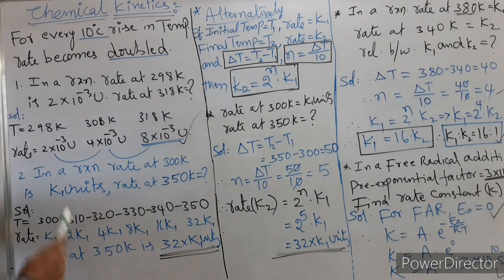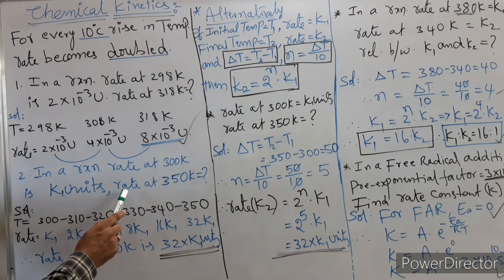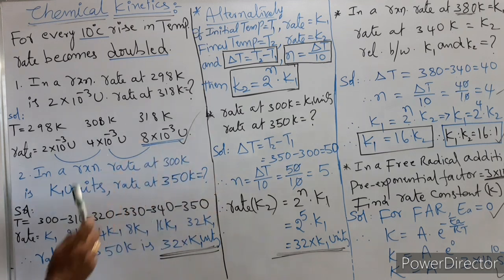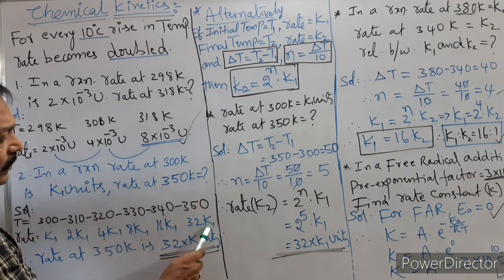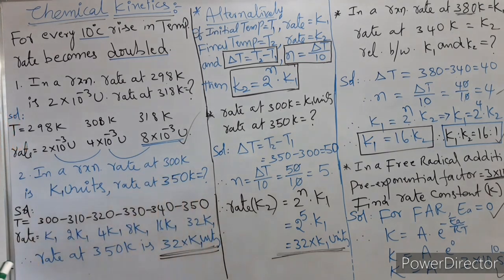Second problem. In a reaction, rate at 300 K is K1 units. Rate at 350 K is dash. So, at 300 it is K1, 310 it is 2 K1, 320 it is 4 K1, 330 it is 8 K1, 340 it is 16 K1, 350 it is 32 K1.